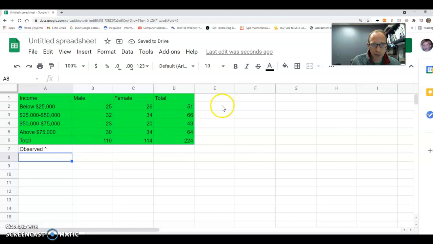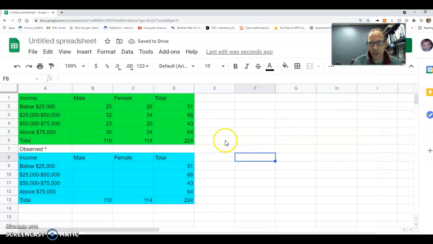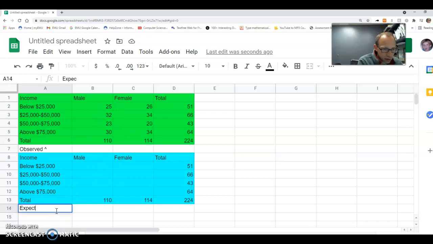All right, now expected, we can basically copy the chart, except these right here should be out. I'm going to copy this in a different color now. You don't have to do any of this color coding, of course. This is just for helping you to see that the observed and the expected are different.